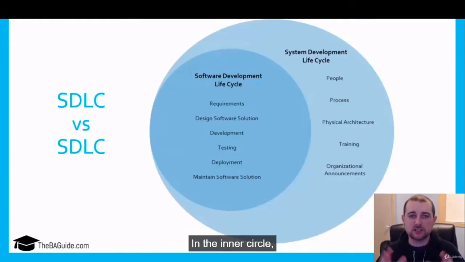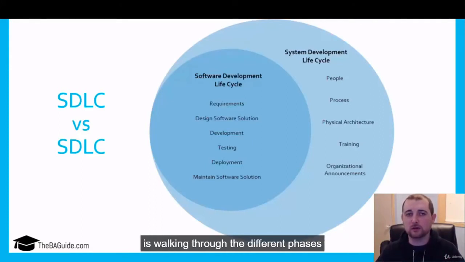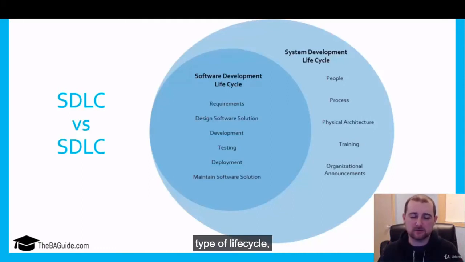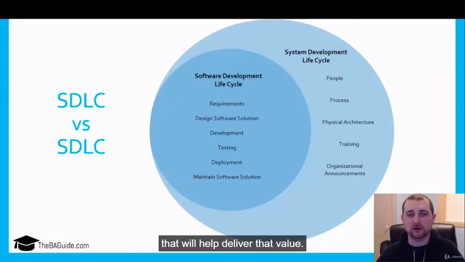In the inner circle, you're going to see the software development lifecycle. Software development lifecycle is walking through the different phases of requirements and designing, developing, testing, deployment, and then maintaining that software. So really that's a more confined type of life cycle because it's all about creating a software that will help enable that change, that will help deliver that value.